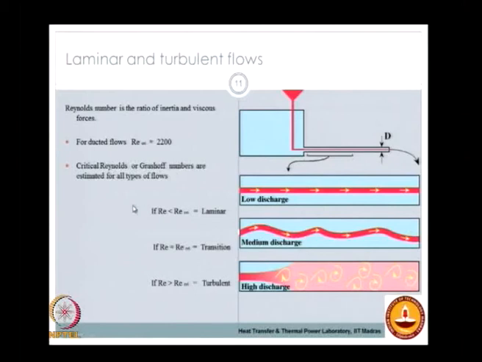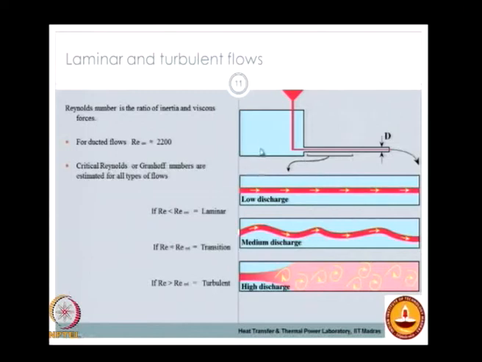Now the other important classification is based on the flow. If you are looking at forced convection, then the characteristic dimensionless number is the Reynolds number. For internal flows, such as flow through ducts or channels, the critical Reynolds number is around 2200. If the Reynolds number is less than the critical value, you typically find very orderly flow in a streamlined pattern.